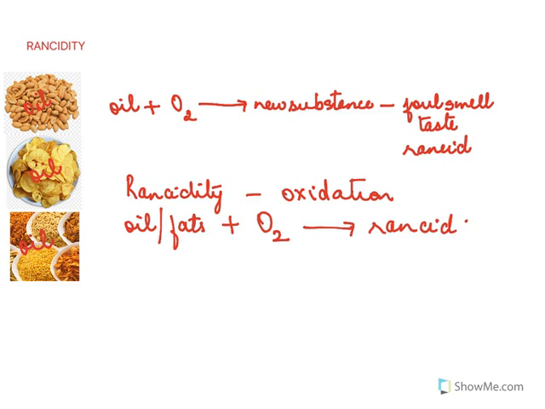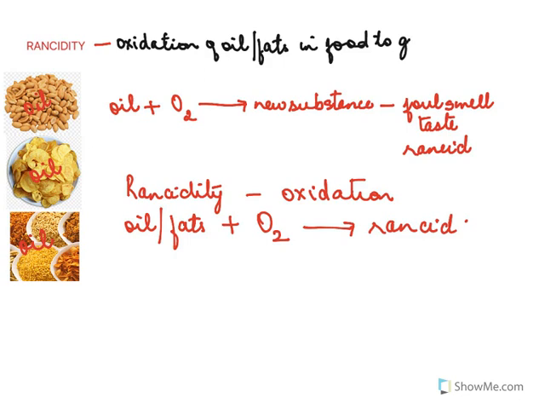So we can say rancidity is the oxidation of oil or fats in food to give an unpleasant smell or taste. Okay, so that is rancidity. It's basically an oxidation reaction, oxidation of the oils and fats in food.